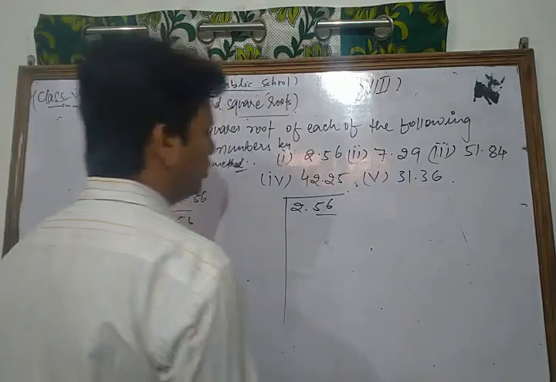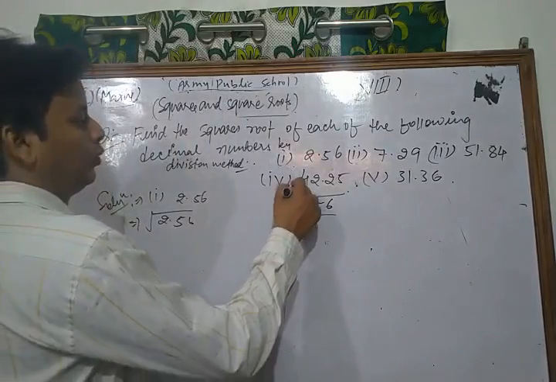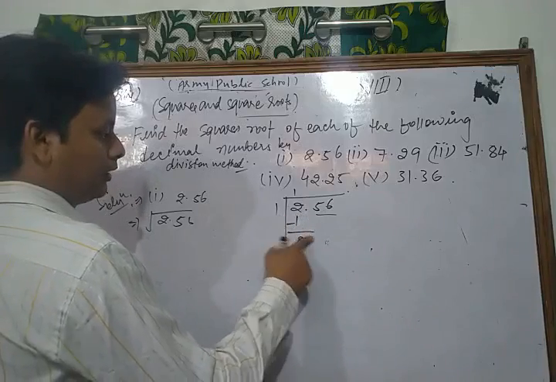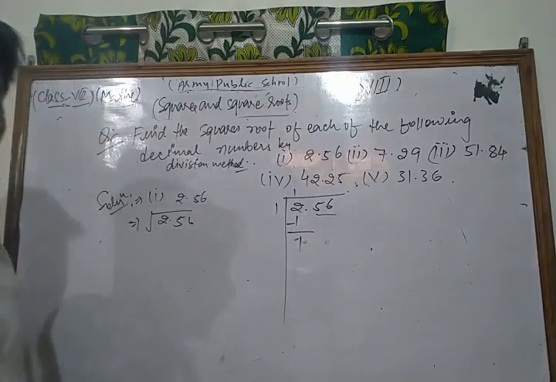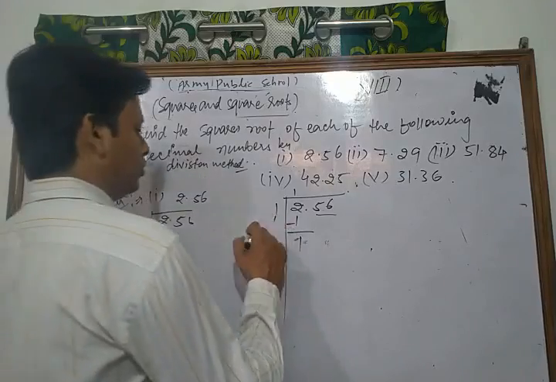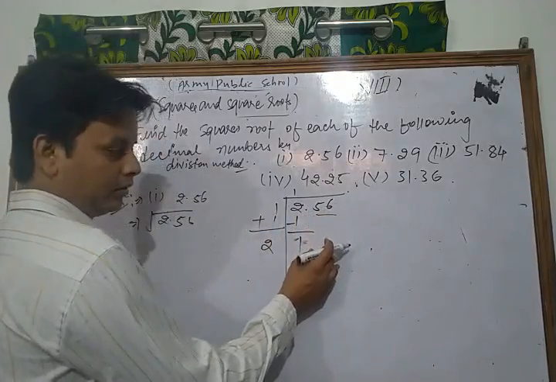Now we take 2 twos are 4, which is greater than 2, so we take 1 one is 1. Now 2 minus 1 is 1 left, and adding the quotient to that divisor 1, we get 2. Now we bring down the pair.